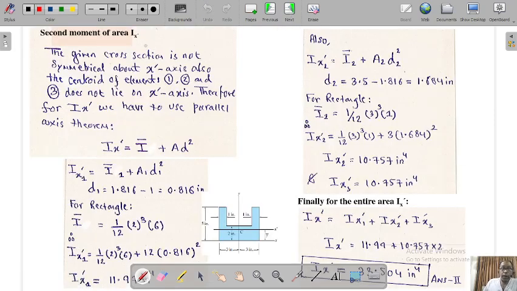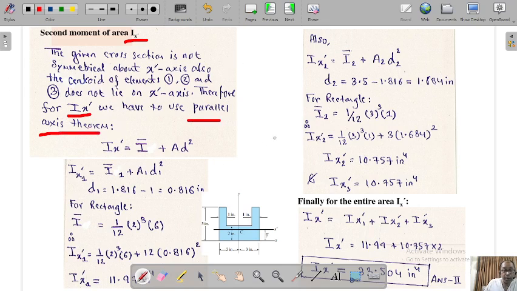Now again we are calculating Ix dash. The given cross section is not symmetric about the x dash axis, so the centroids of the elements 1, 2 and 3 do not lie on the x dash axis. Okay, so to calculate Ix dash, we will be using the parallel axis theorem. Why will you be using it?